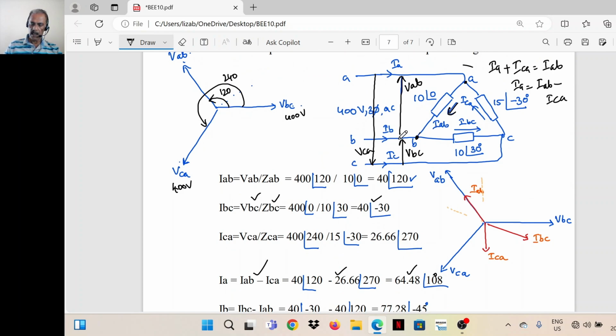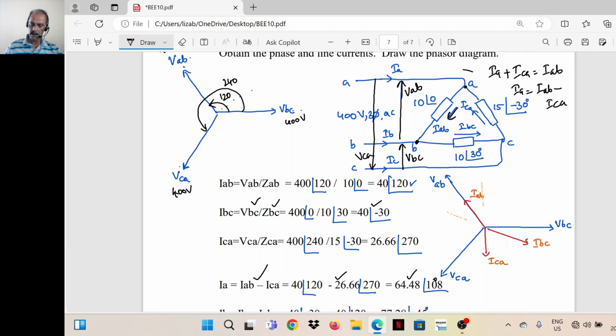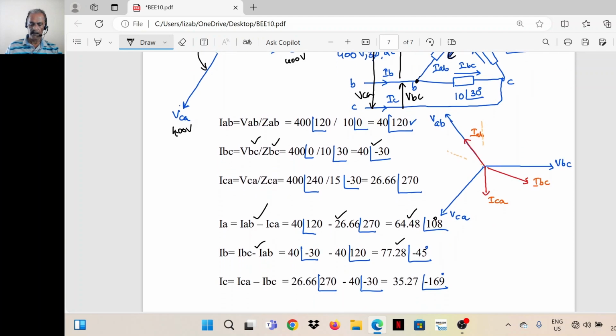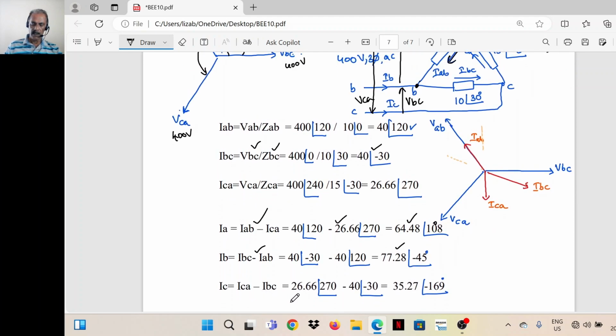Incoming currents are IB and ICA. Outgoing current is IBC. From that, IB is equal to IBC minus IAB. IBC is 40 angle minus 30. IAB is 40 angle 120. Convert both to rectangular coordinates, simplify, and convert back to polar: 77.78 angle minus 45. Likewise, you can find IC also.